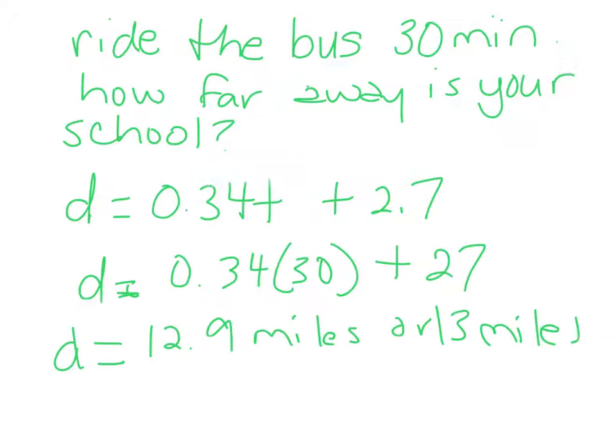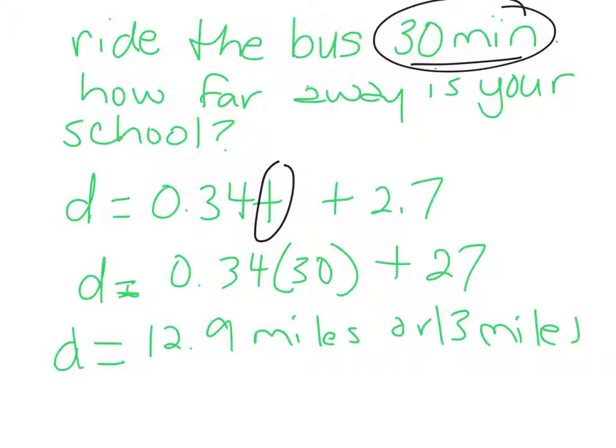Let's try another example. Using the equation that we had before, what we just figured out, we can ask now, if you ride the bus 30 minutes, how far away is your school? So we're just going to plug in the time here into the t from the formula that we just figured out.